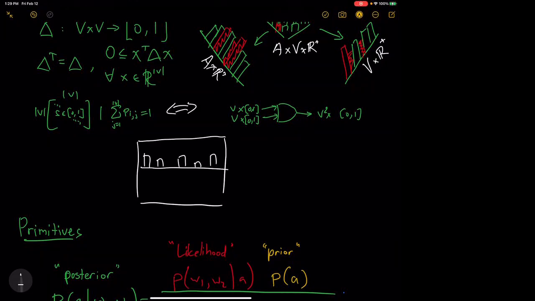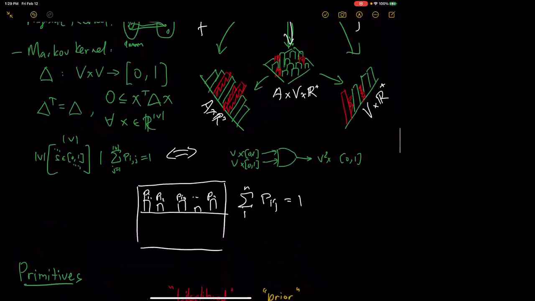And then all of these values, P i1, P i2, P i3, all the way through P in, have to sum to 1. So we take the sum over j up to the size of n, and this equals 1. So that's the probability kernel.